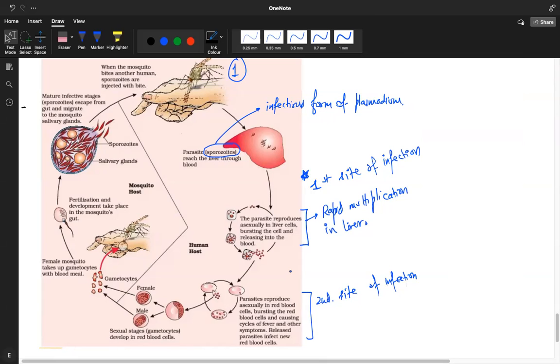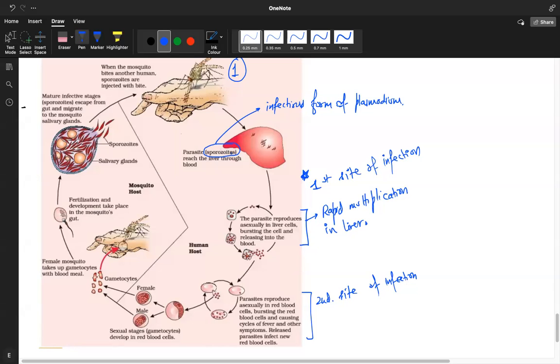That's why after every such interval, there is a series of fever, high fever, and chills in the patient. It is just telling us about the replication cycle and the production of hemozoin toxin by the pathogen in the body. Okay.